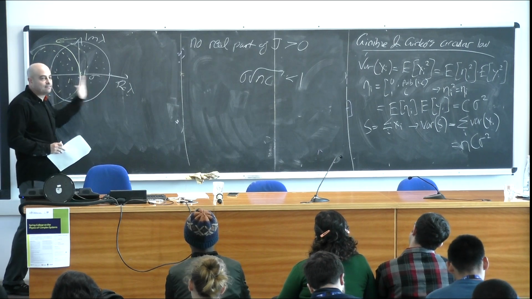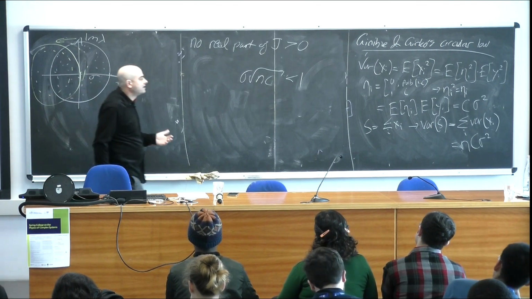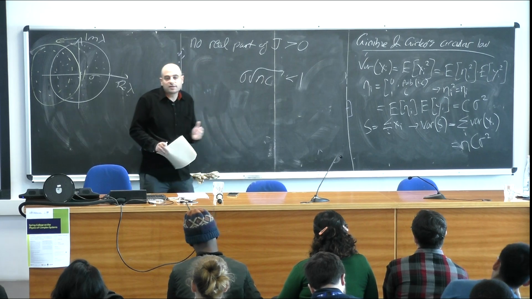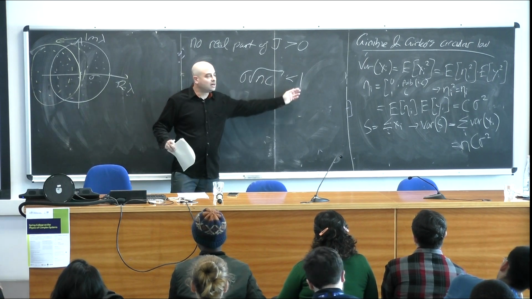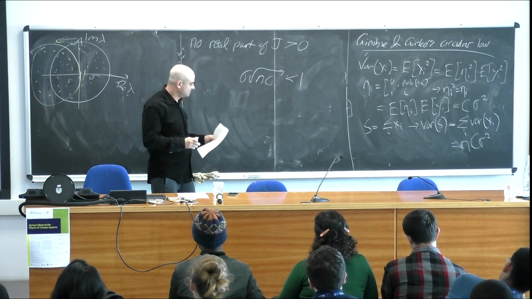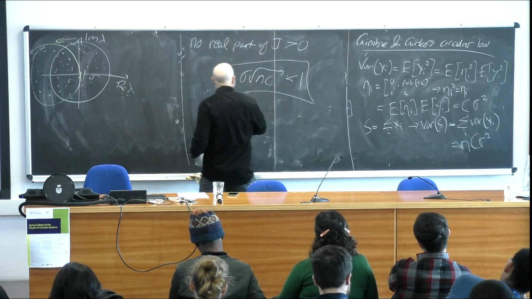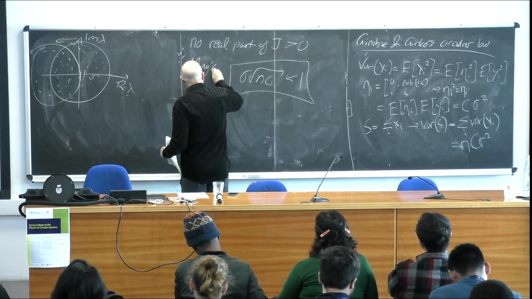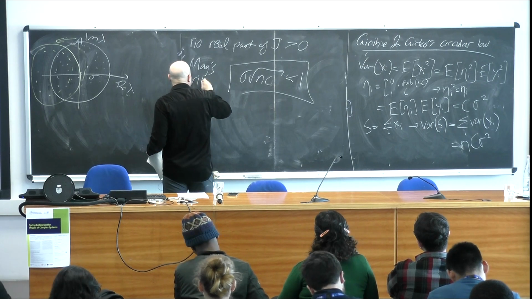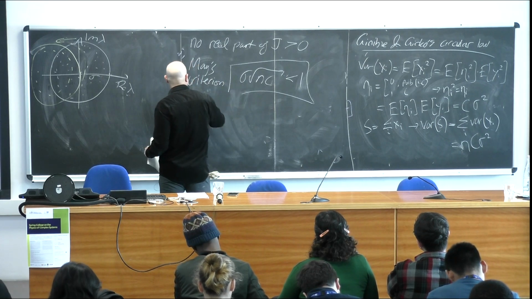If we had shifted by minus 2, then it would be less than 2. But we could always scale things so that 1 is the interesting quantity. Okay, and this is Robert May's criterion for stability.